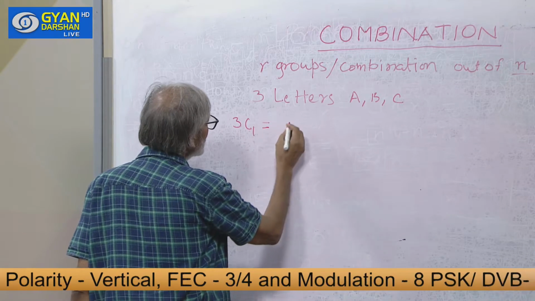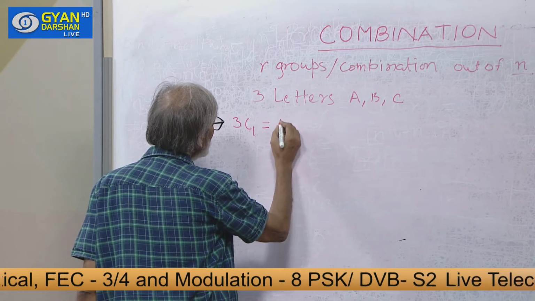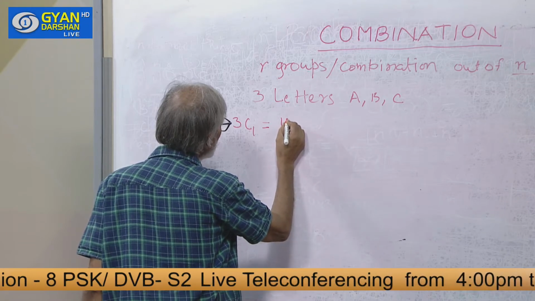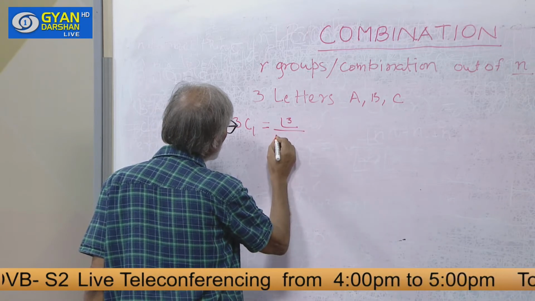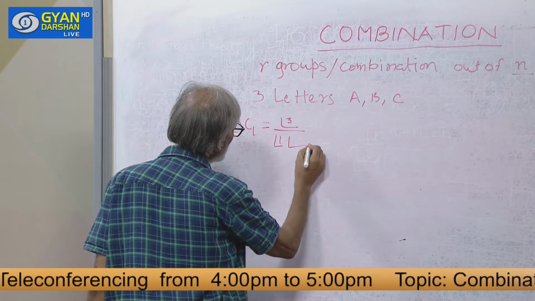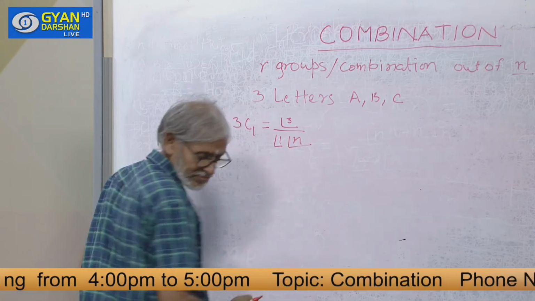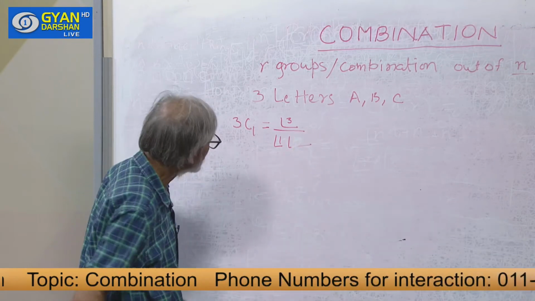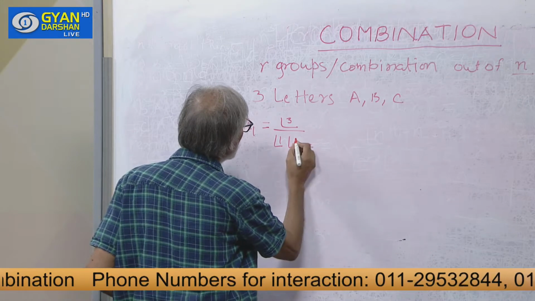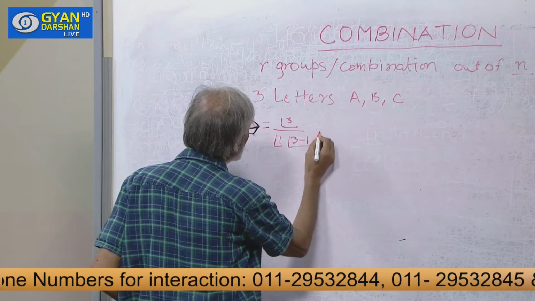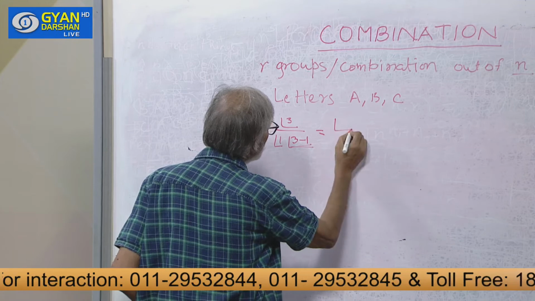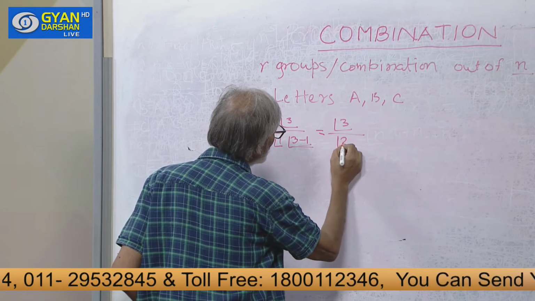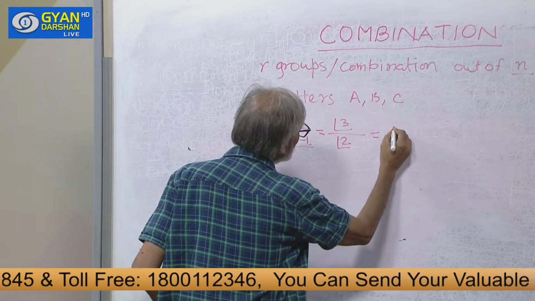It will be equal to factorial 3 divided by factorial 1 into factorial 3 minus 1, which is factorial 3 divided by factorial 2, which will be equal to 3.